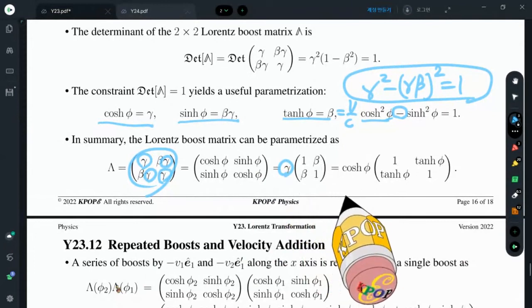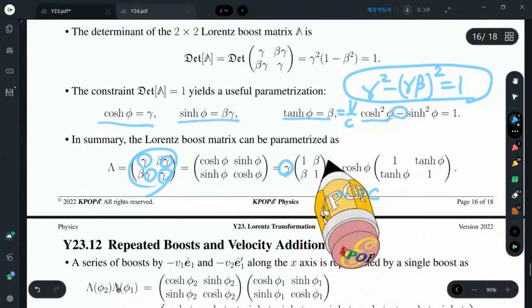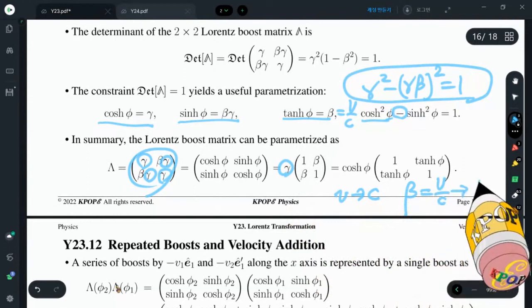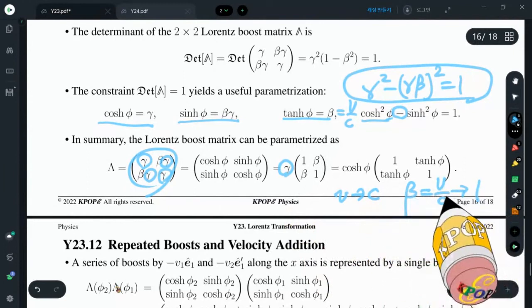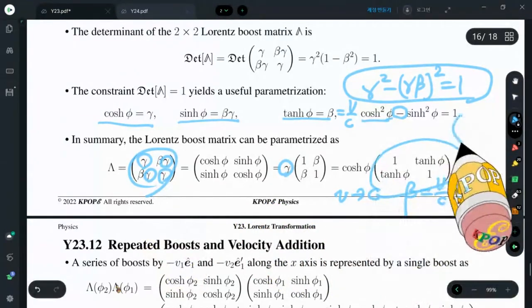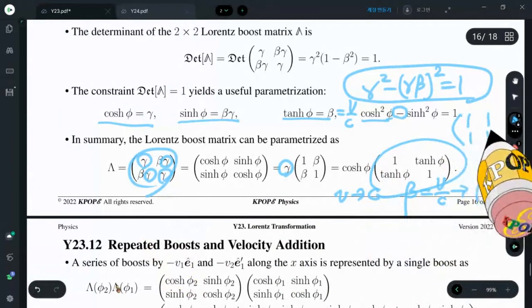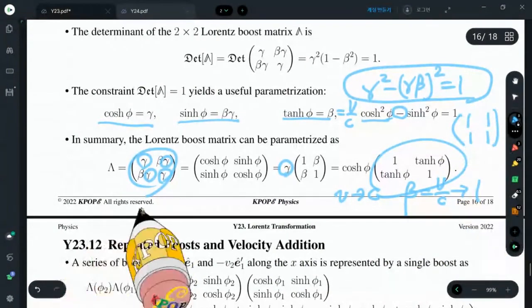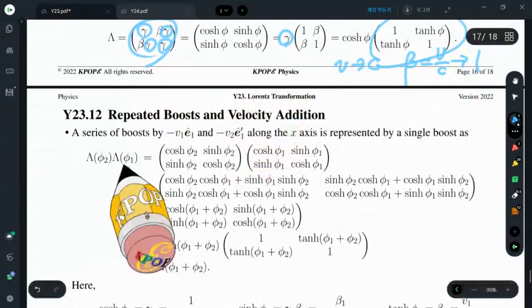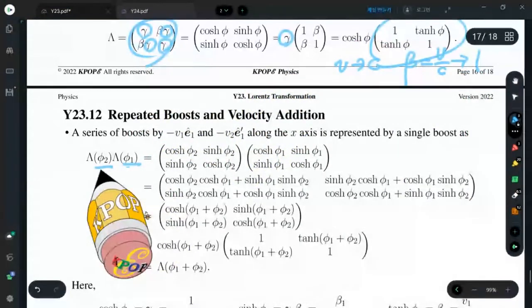In the limit as v goes to c, beta, which is v over c, reaches 1. In that limit, when a particle is extremely boosted to the speed of light, the transformation matrix approaches 1, 1, 1, 1.